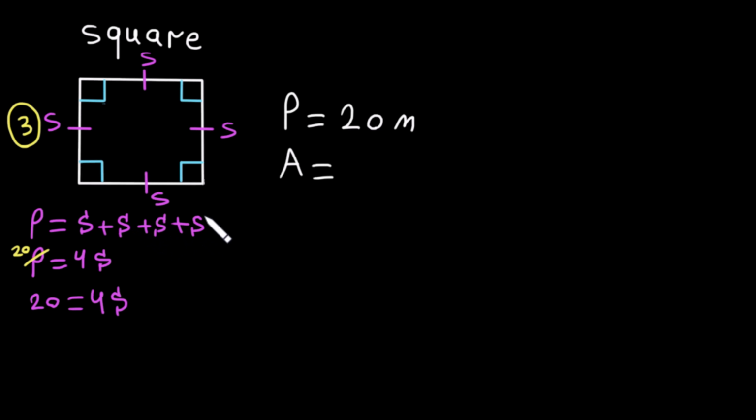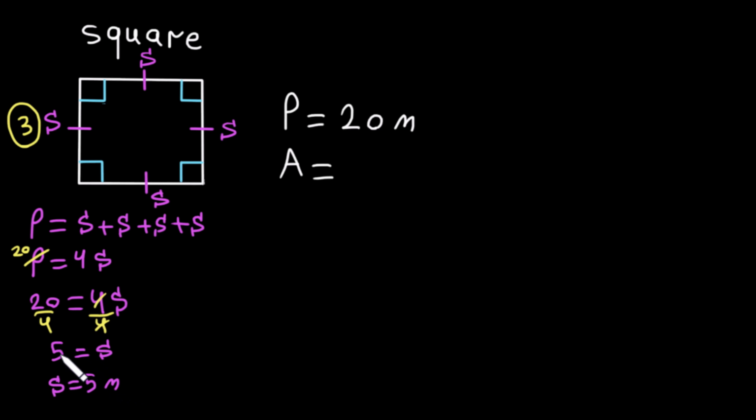Here all of these are S. Now let's simplify this. We divide by 4 to get the value of s. So s equals 20 divided by 4, which is 5. So here s, which is the side, equals 5 meters.